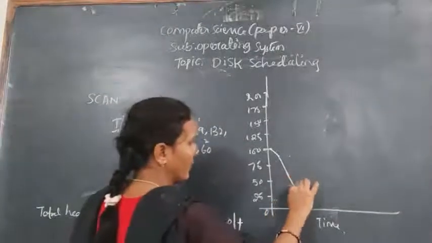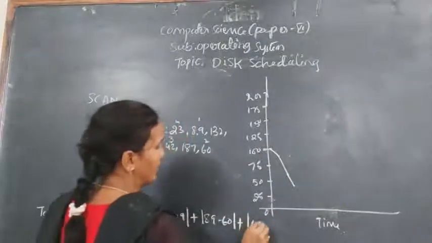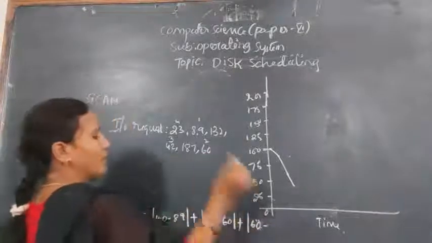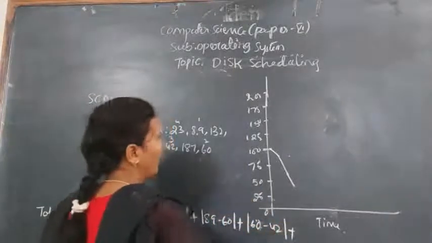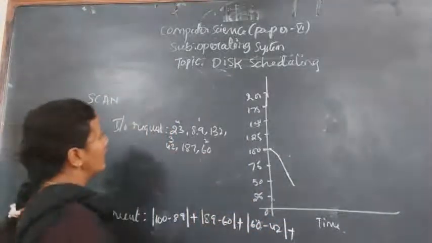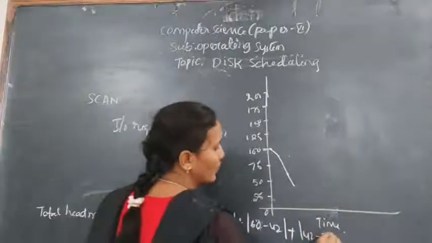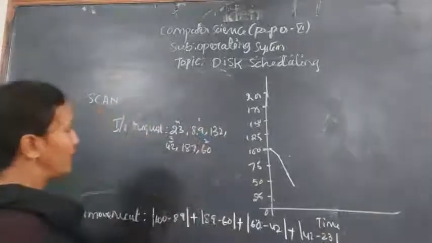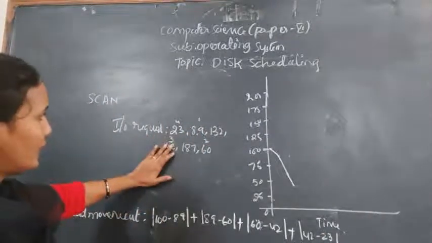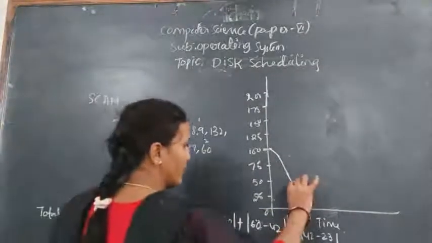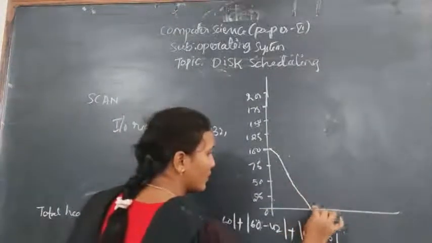Again, 60 to 42, plus 42 to, which one is the nearest? 23. 42 to 23. Now, after 23, in the decreasing order we don't have a request. So directly it will move to 0.